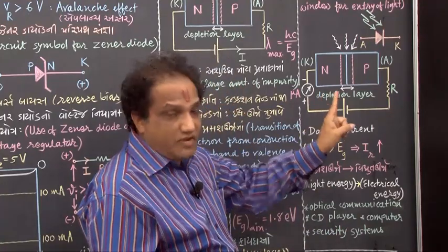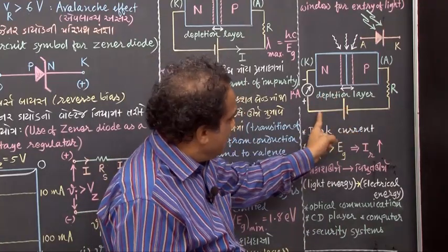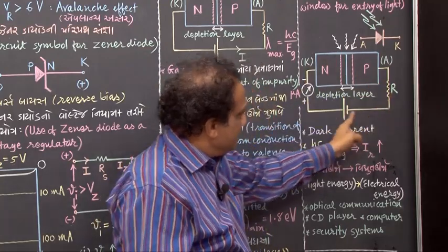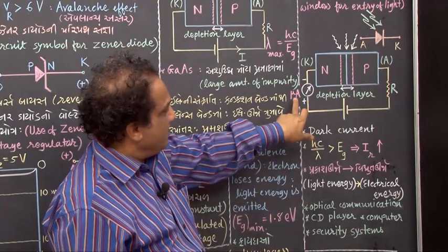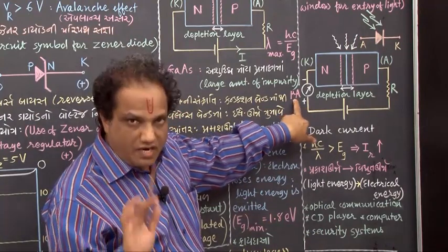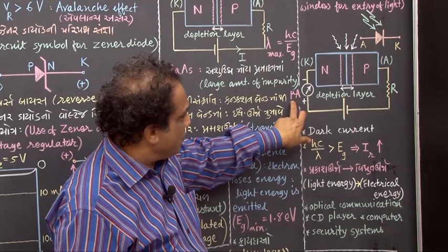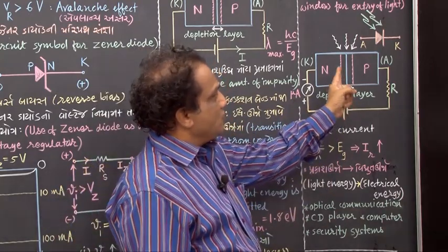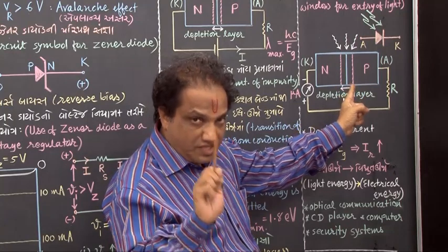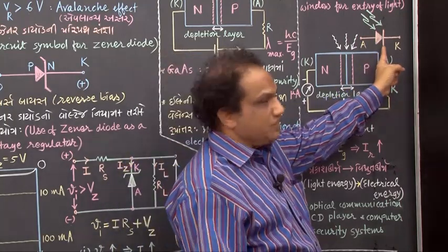So here we get reverse current in a direction from positive to negative this way. Correct? This is the flow of that reverse current, and just to measure that reverse current, we have connected one current meter in series, that is a microammeter.